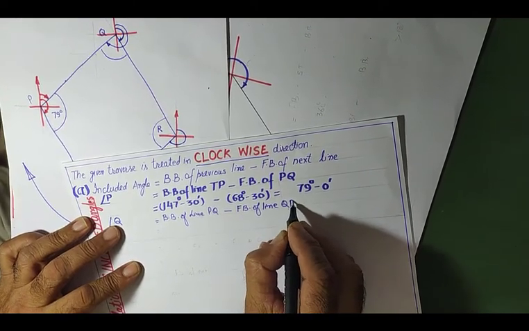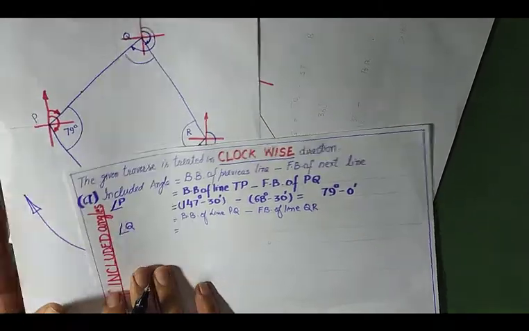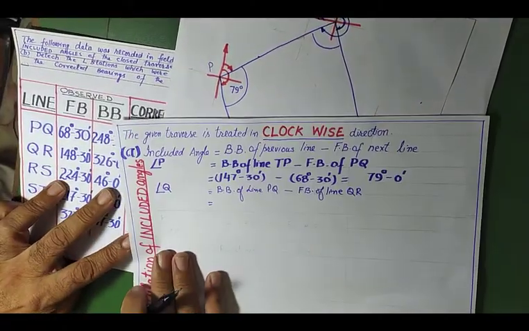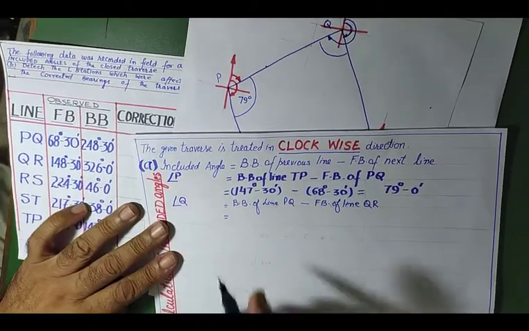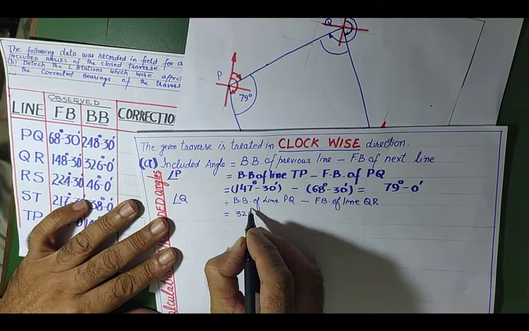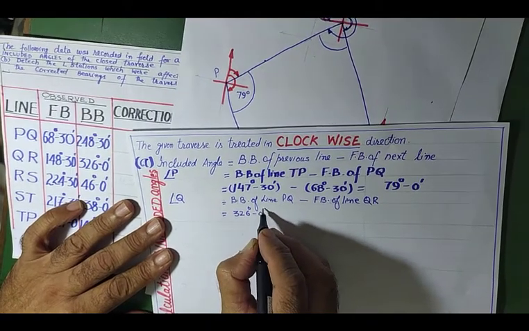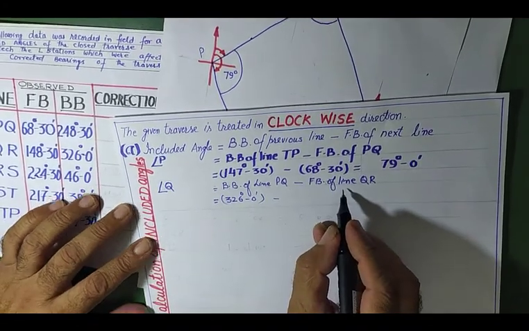Its numerical value you can see from the chart, it is given over here. So the back bearing of line PQ is 326 degrees 0 minutes, minus the forebearing of line QR.